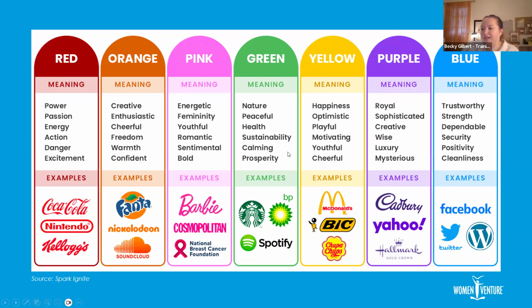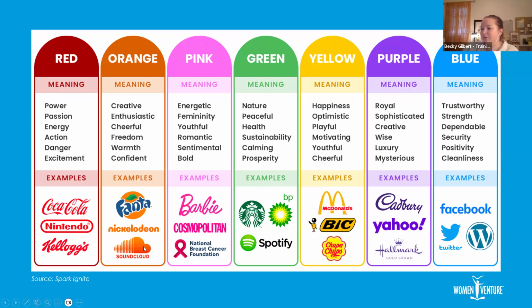Green has that connotation of nature, peace, sustainability. So if you're building an eco-conscious brand, green is a great color. Blue is the go-to color for big conglomerates and corporations because it always has this air of trustworthiness, strength, and dependability.